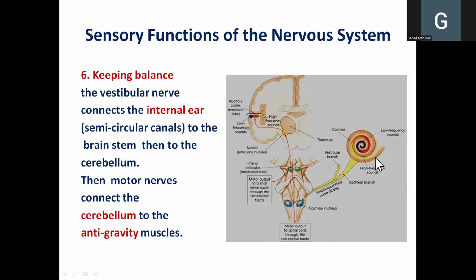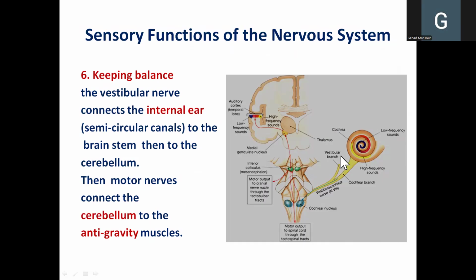As we said, we have the cochlea in the inner ear, but we also have the semicircular canals. So the semicircular canals do not show here, although it is a slide that is talking about balance, but the pathway for balance starts here at the semicircular canal, which should show here.